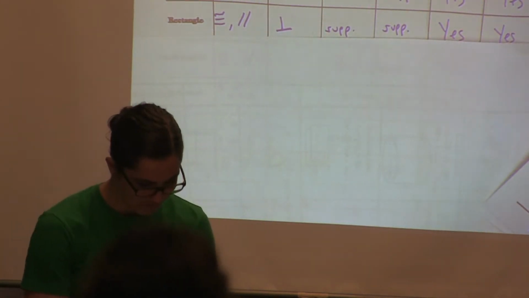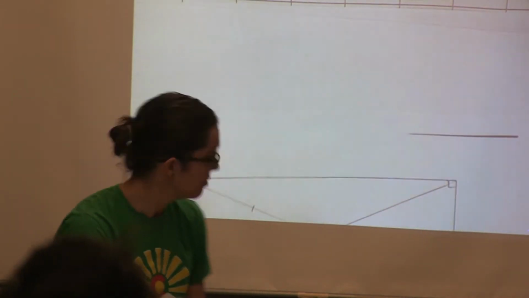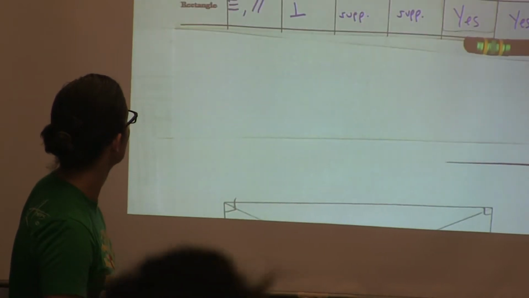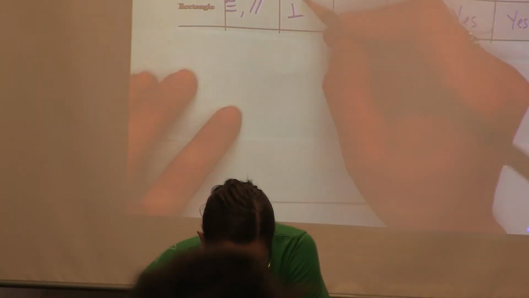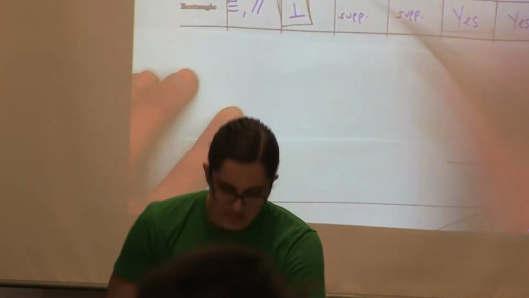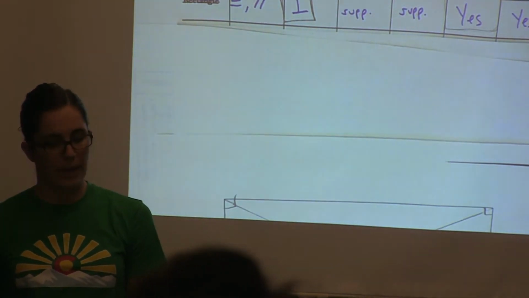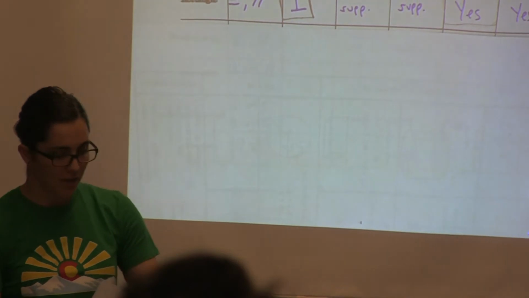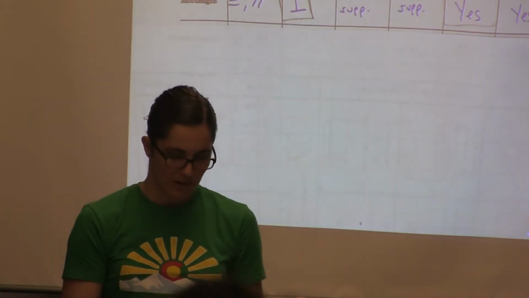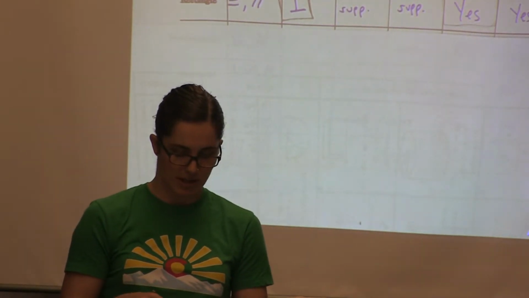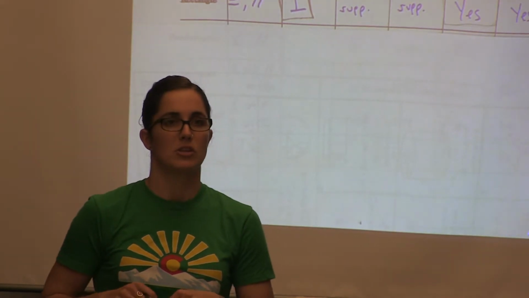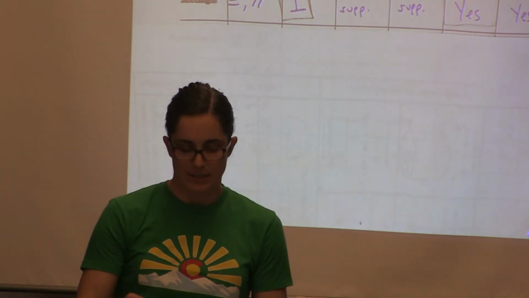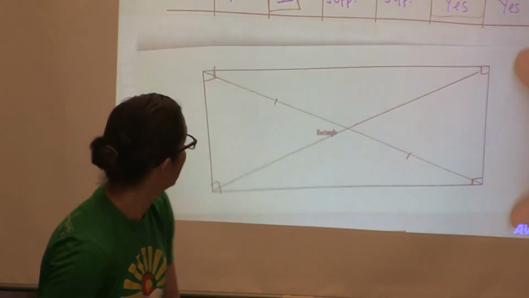For a rectangle. Again, the definition of a rectangle. This is it. That's the definition of a rectangle. That's all we have as far as the definition is concerned. But all that other stuff is the properties of a rectangle. So by definition, a rectangle has 4 90-degree angles.